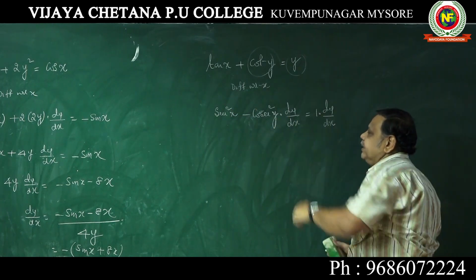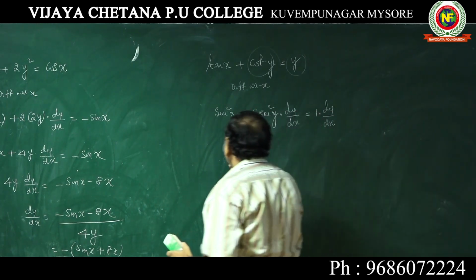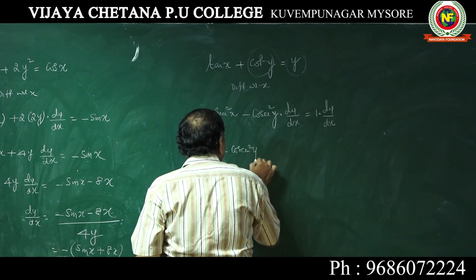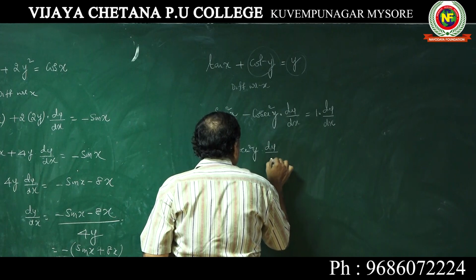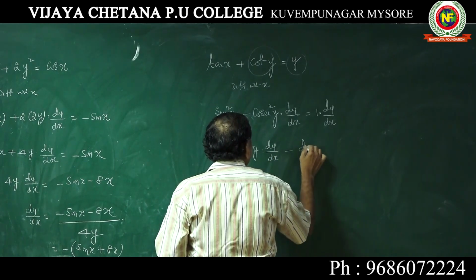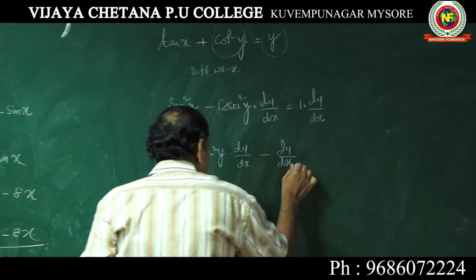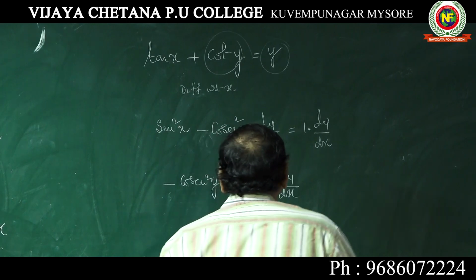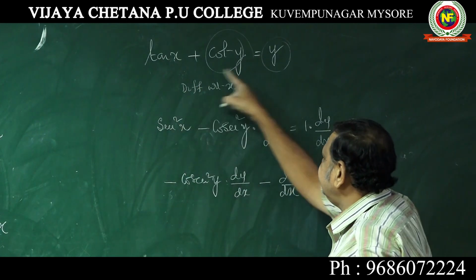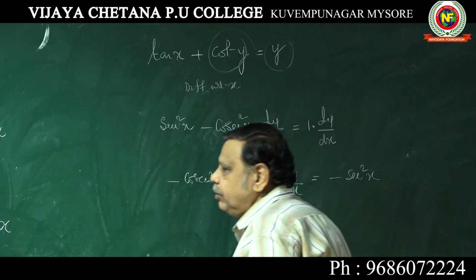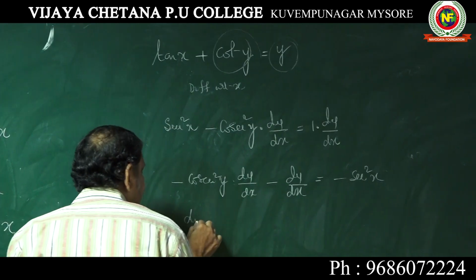So now it is minus cosecant square y dy by dx is equal to dy by dx, and this one also minus dy by dx, because it becomes minus when you shift this side. This one you shift that side, minus secant square x, or remove dy by dx outside.